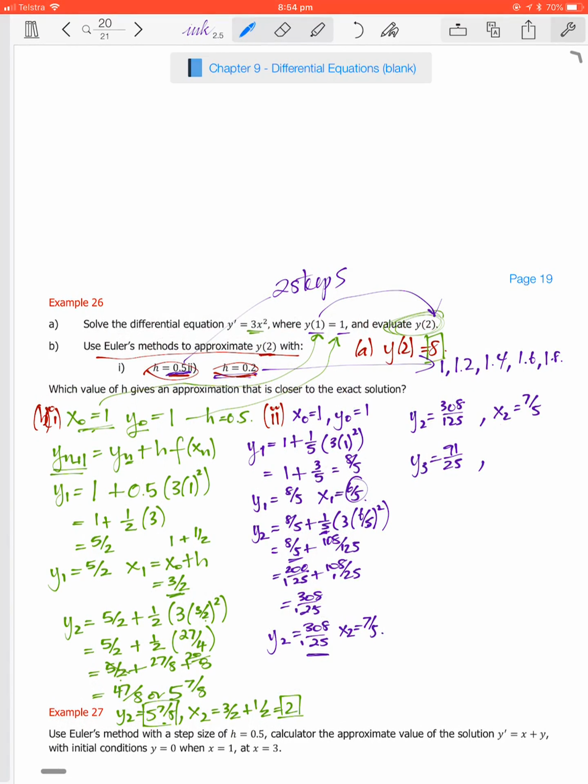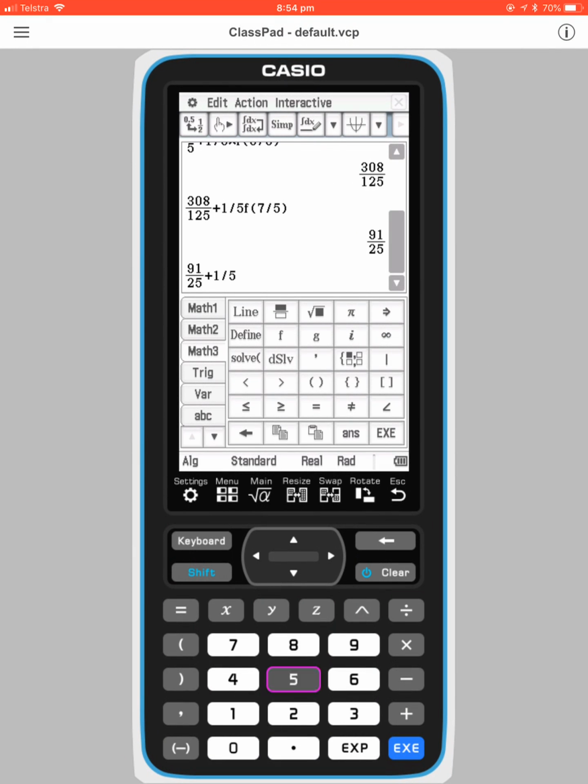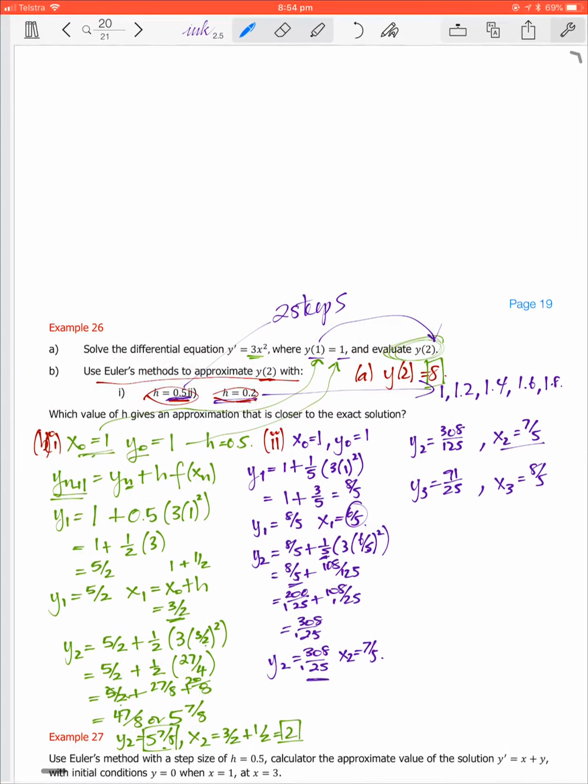So then I use that in the next part of the question, 91 on 25 plus h, 1/5, times f of my new value, which is 8 on 5. That's my next x value. 647 on 125. So I get y4 is 647 on 125. My x4 is going to equal one more than that, so 9/5.